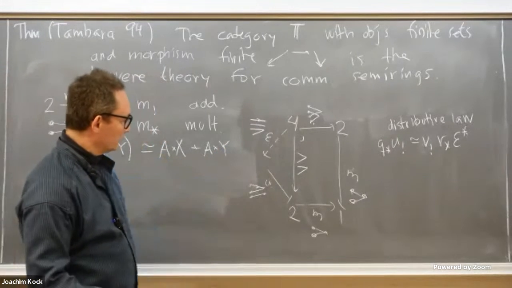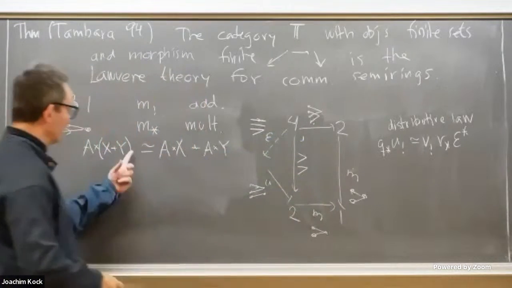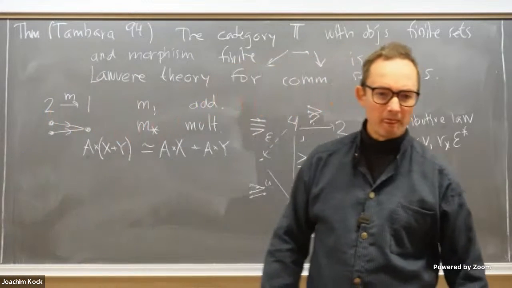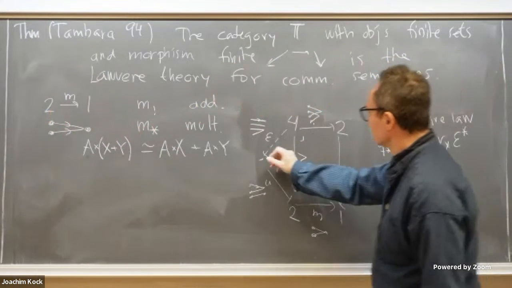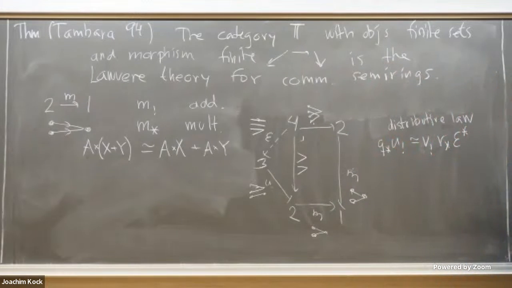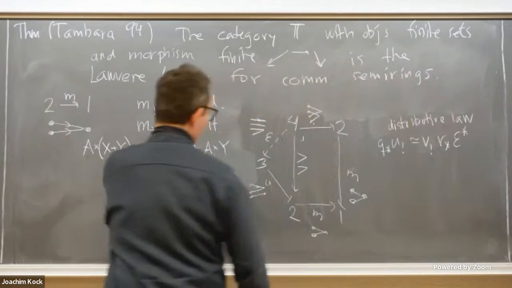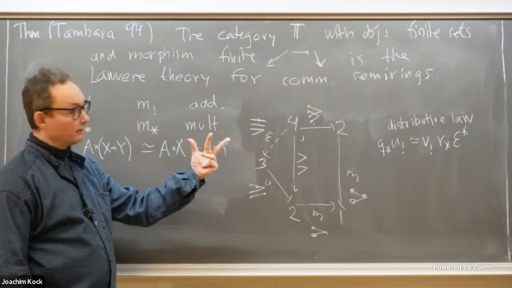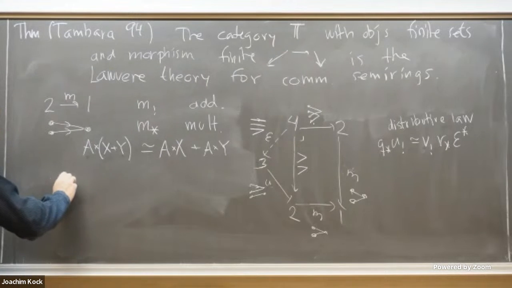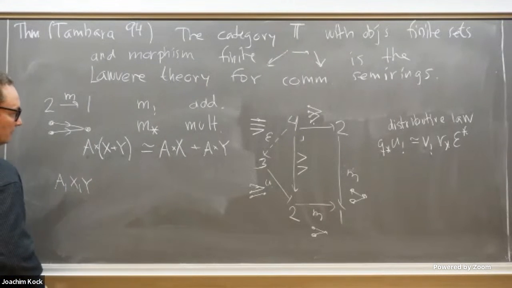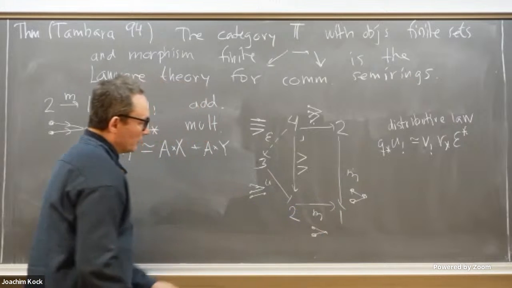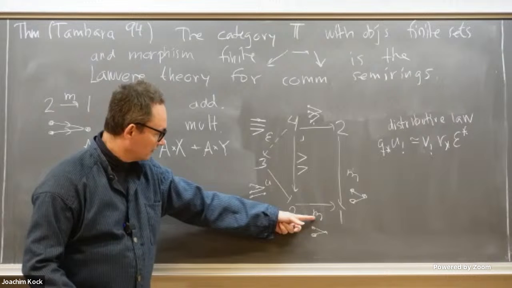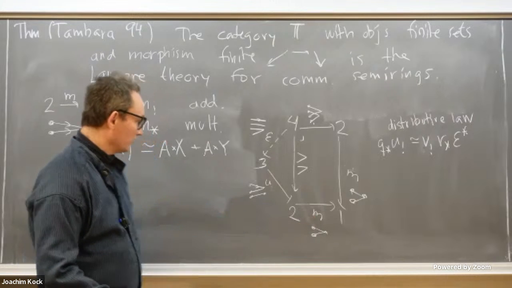Okay, now let's see why this is the distributive law. So we start here. Sorry, Joachim, there's a 3 there. There's a 3 where you're pointing. Yeah, thanks. So we start with something in the slice over 3. That means we have 3 sets, and these 3 sets are A, X, and Y. If we go this way and this way, we have to remember that this is a shriek operation and this is a multiplication operation.